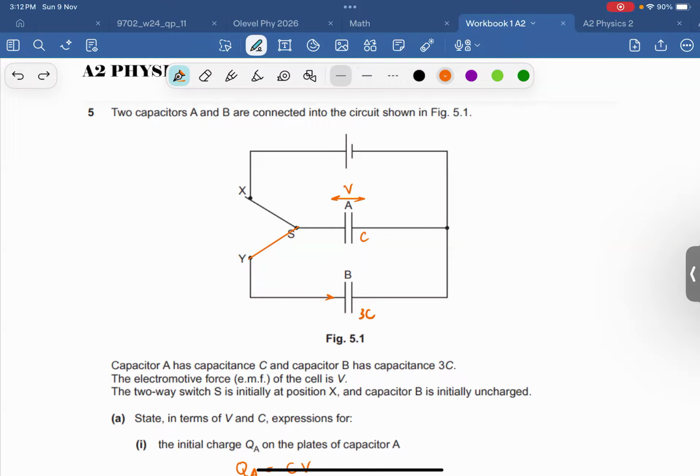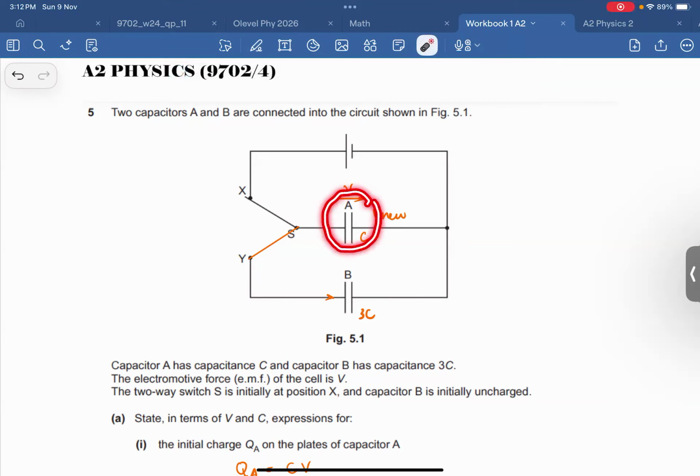Until the new voltage is the same for both of them, right? Because the charging process continues until the two points have the same potential difference. So this capacitor should have a potential difference of the same value as this one.